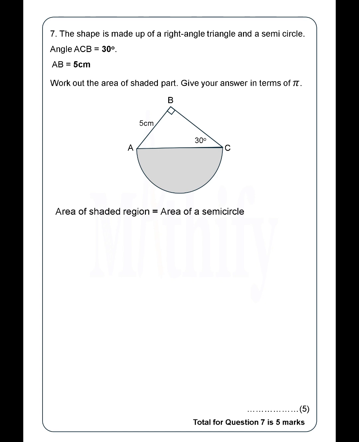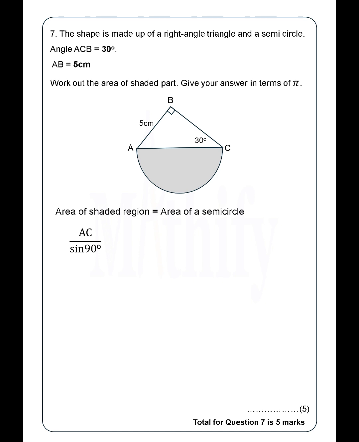To work out the area of a semicircle, we need to work out the radius. But before we delve into that, we need to pay attention to the triangle. Which methods are suitable for working out the side AC? Now, AC represents the diameter of the semicircle.